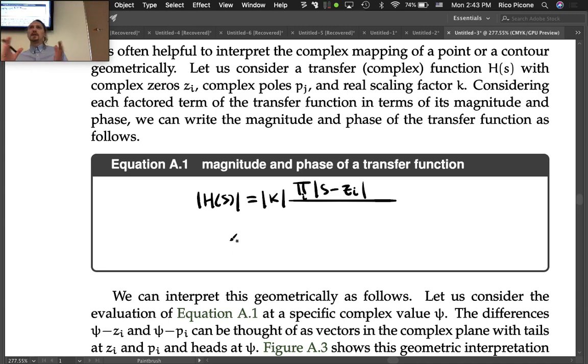You can take the magnitude of each factor: magnitude of s minus z1, magnitude of s minus z2. Take the product of those magnitudes together and we get the magnitude of the numerator. The magnitude of the denominator is the product over j of the magnitude of s minus pj.